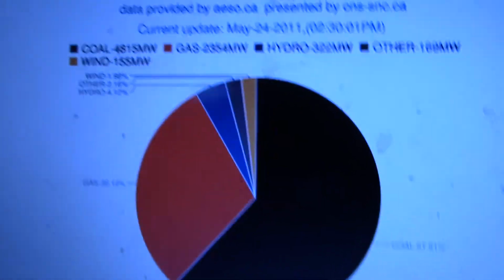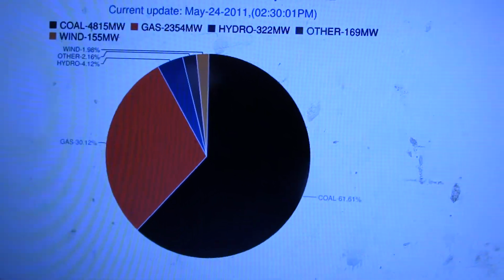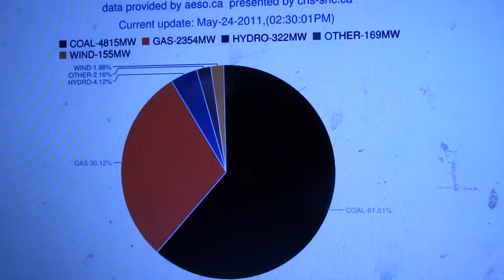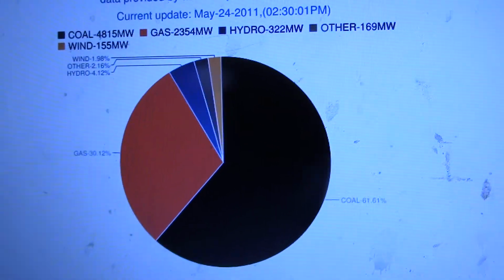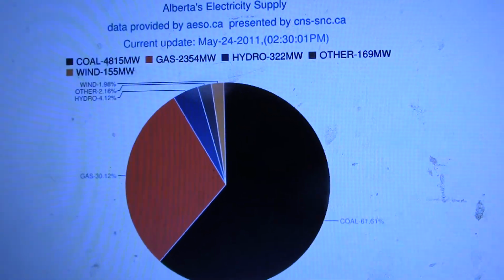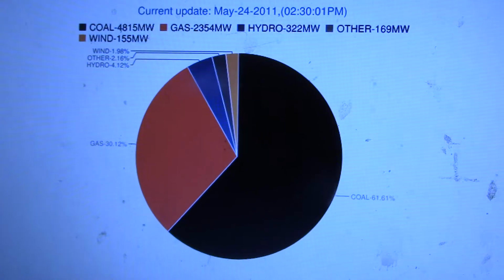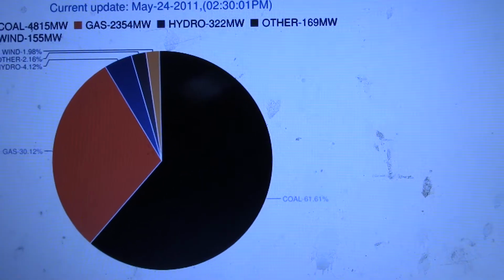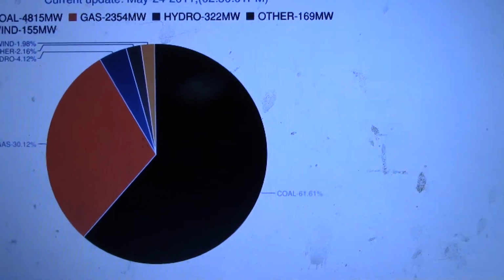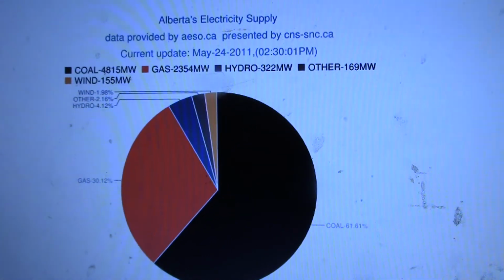We don't have any nuclear in Alberta. So you can see the proportion. Coal has greatly decreased as gas and wind have increased. Geothermal has also increased. So we're phasing coal out, right? We're at less than 50% right now with coal being provided for power plants.